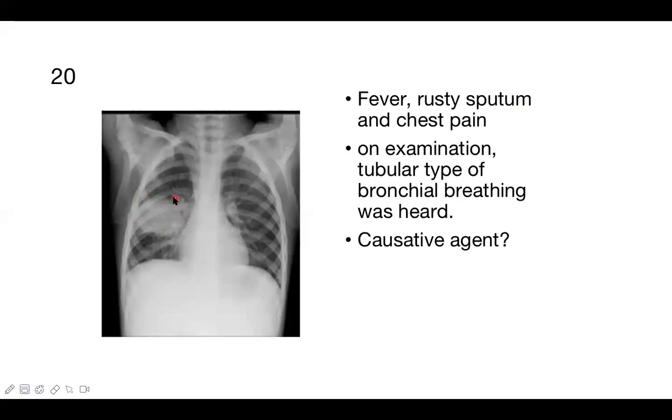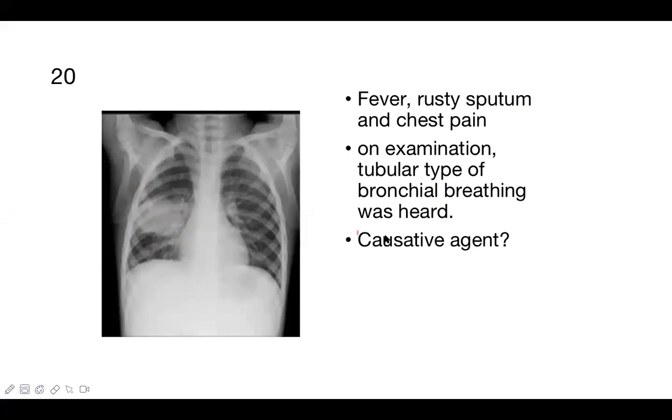And tubular type of bronchial breathing is very typical of consolidation. He's absolutely right. So when I put my stethoscope just over this area on the chest, I will hear tubular type of bronchial breathing. Then I'll diagnose this is a case of consolidation. Now after the X-ray, we got our diagnosis.